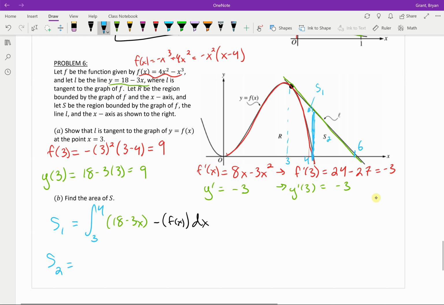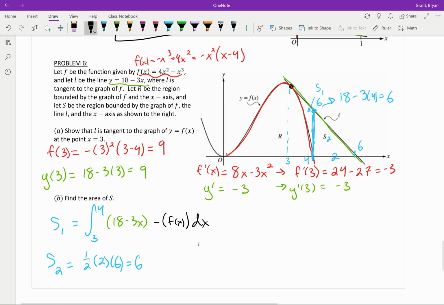So I've got a triangle with a base of 2, a height of 4, well, maybe this is too much effort, but we're going to plug 4 into our equation here. 18 minus 12 is 6, a height of 6 then. So I've got a triangle that's going to be 1/2 base of 2, height of 6, half of 12 is 6. Easy enough. Okay, then we just put it all together.